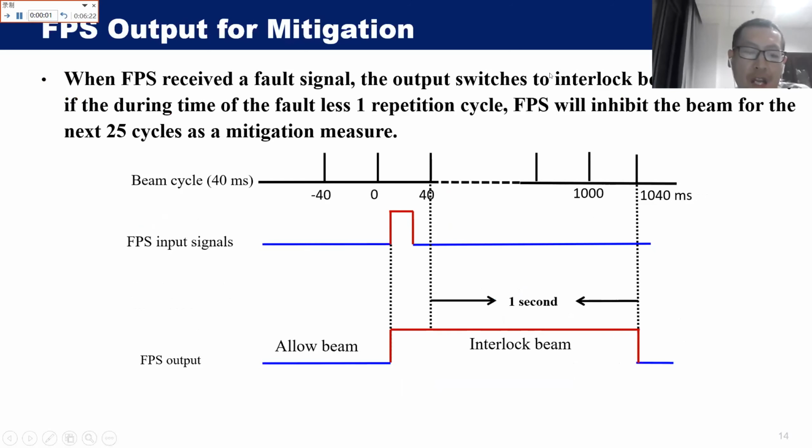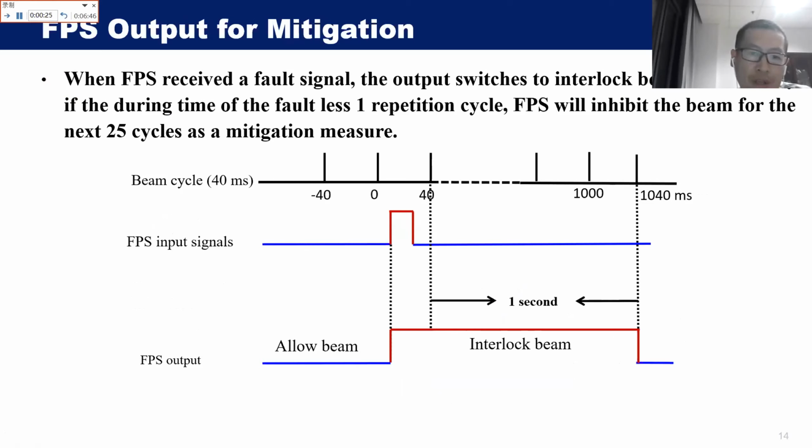This is how the FPS output was generated. Usually the input signals from the beam loss monitor are the pulse type, because the electronics of the beam loss monitor does not latch the signal.